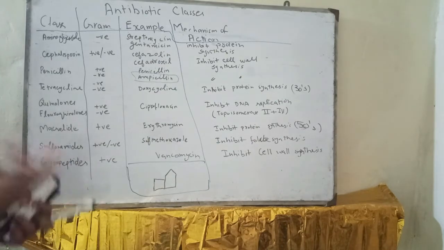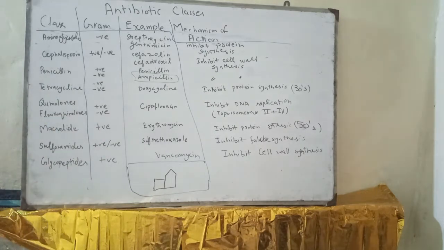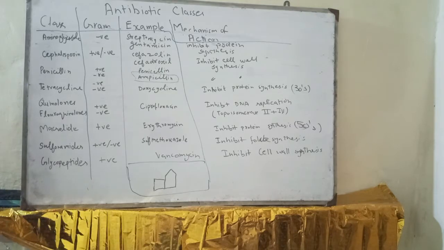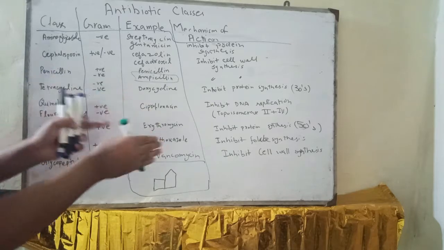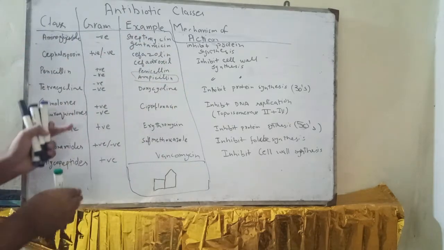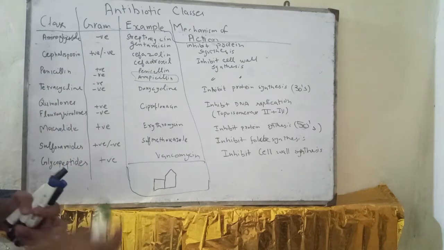Some drugs are methicillin resistant, and some drugs are very effective against methicillin-resistant Staphylococcus aureus bacteria. Their mechanism of action is the same as we discussed in the cephalosporin, to inhibit the cell wall synthesis. That's why these two classes of drugs are the safest and most selective for use.